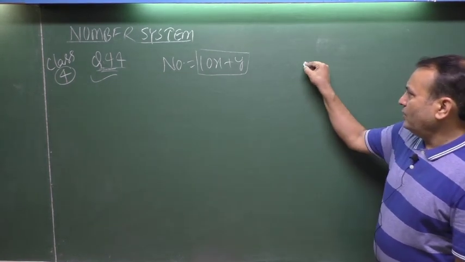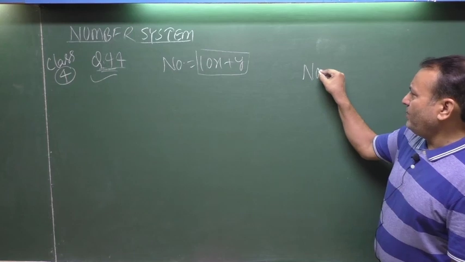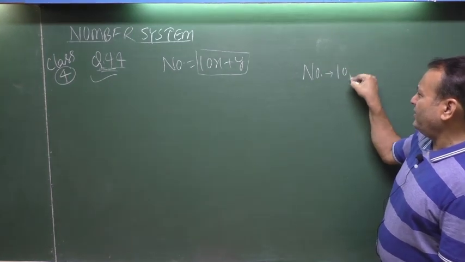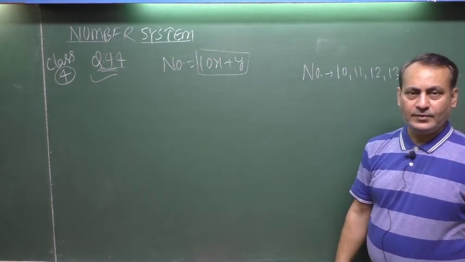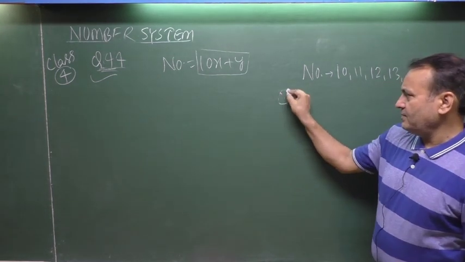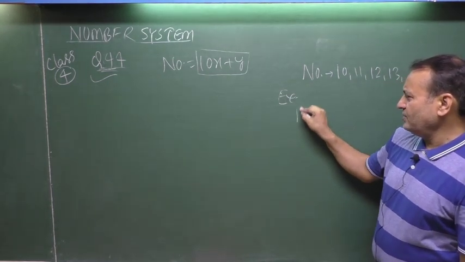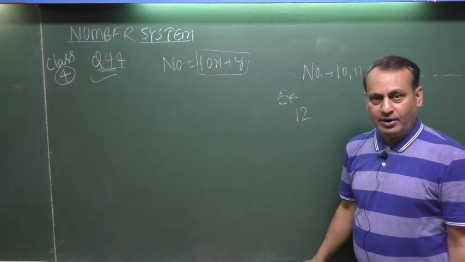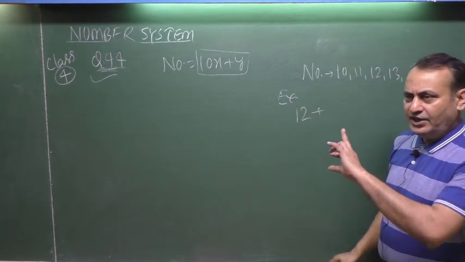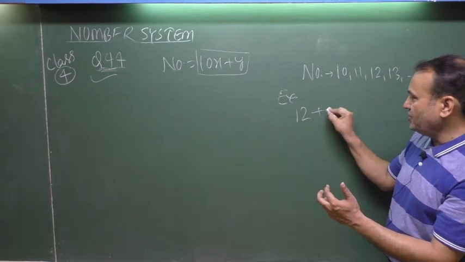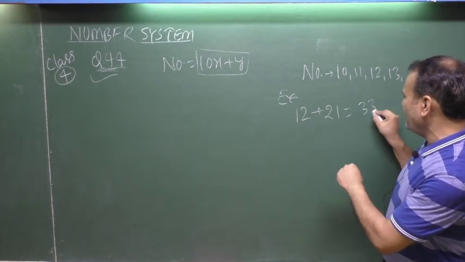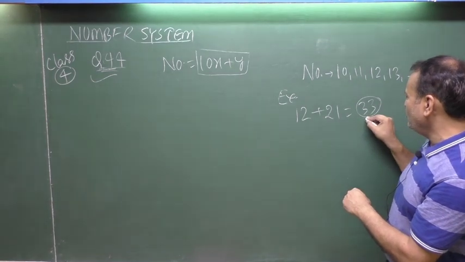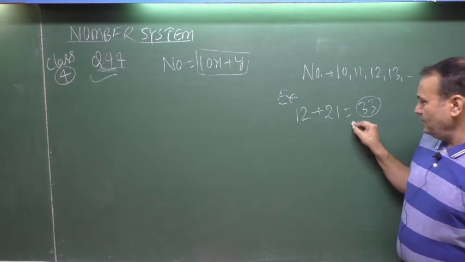Okay. 2-digit numbers are 10, 11, 12, 13 and so on. For example, 12 is a 2-digit number and after interchanging digits this is 21 and after adding this is 33, but this is not a square number.